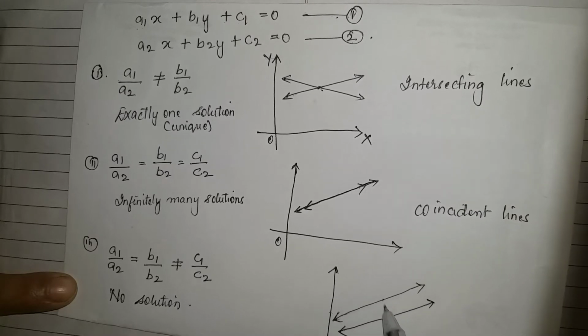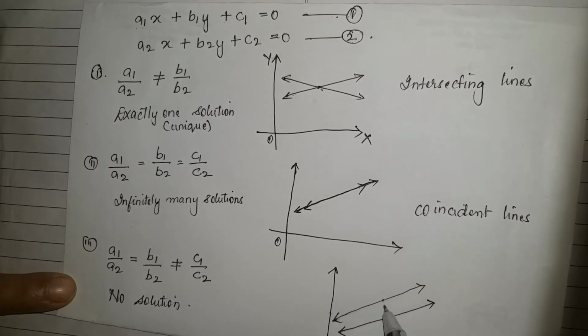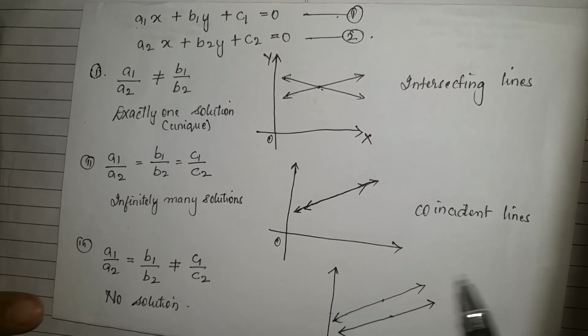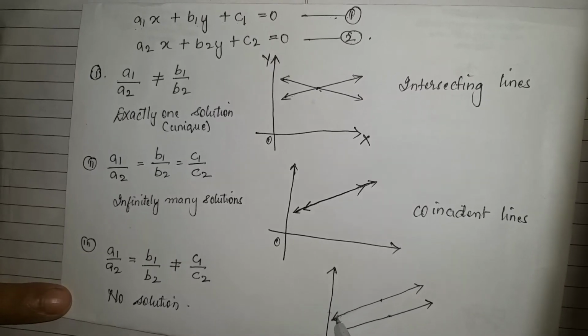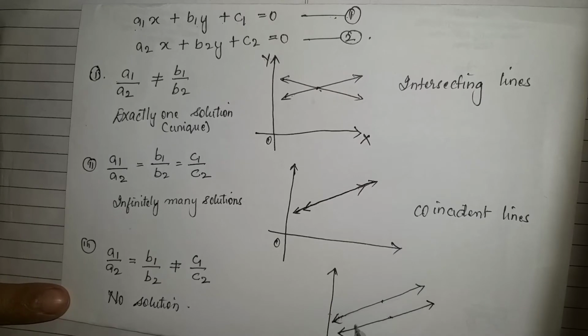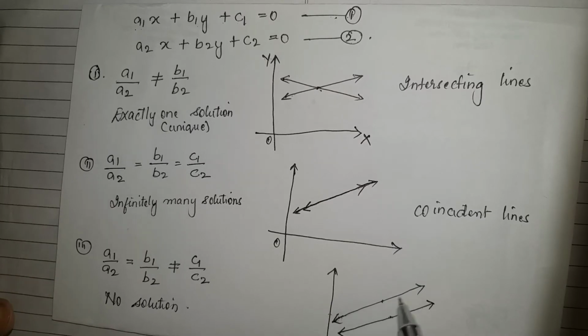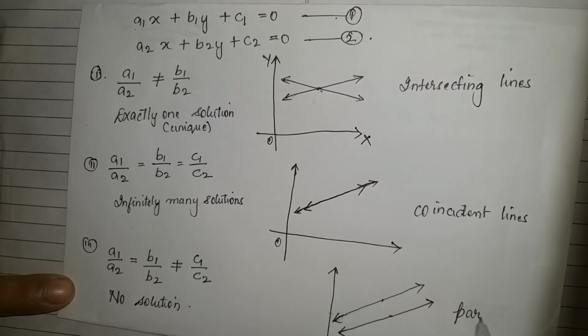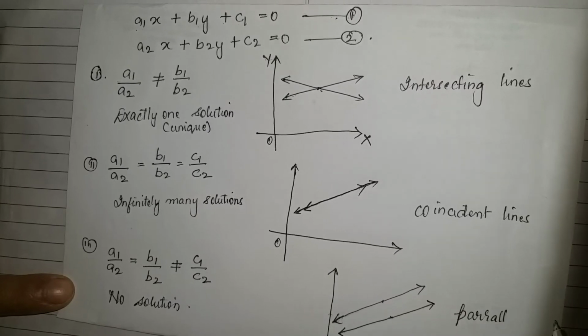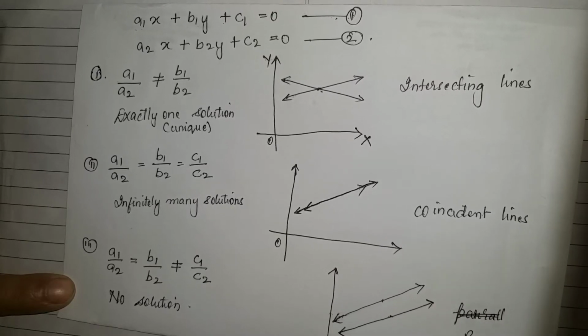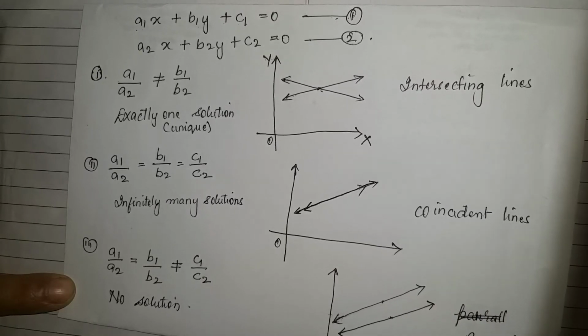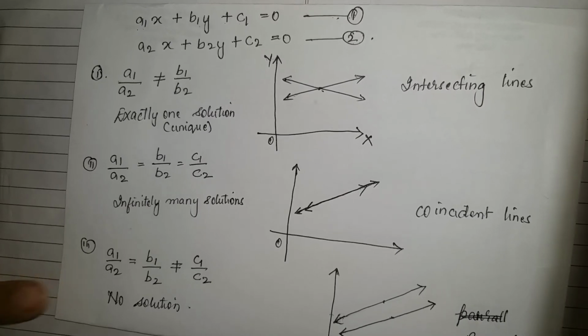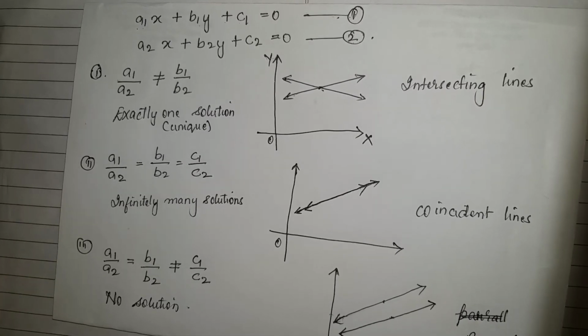These two lines will be parallel to each other. They will not coincide, but they will only be parallel to each other. We are going to get parallel lines.